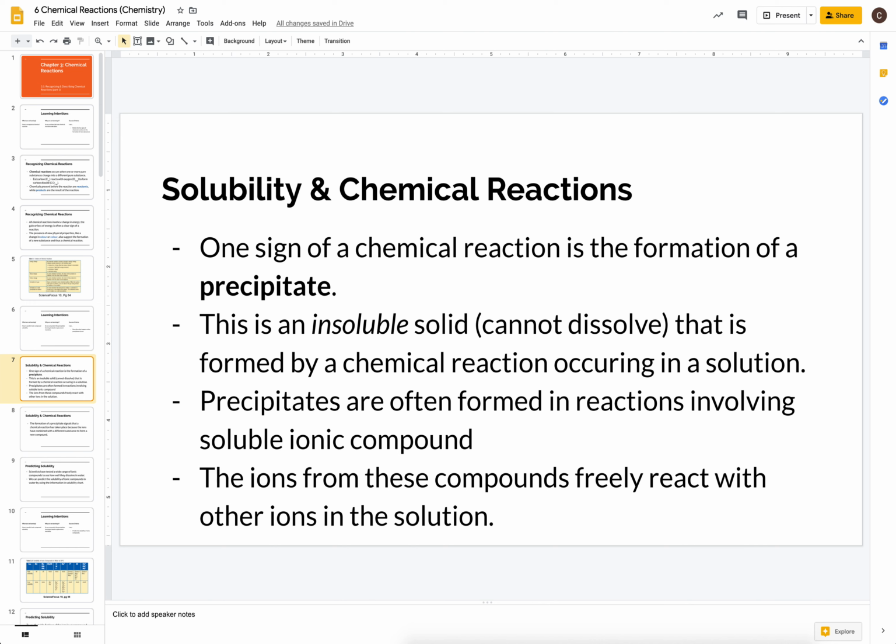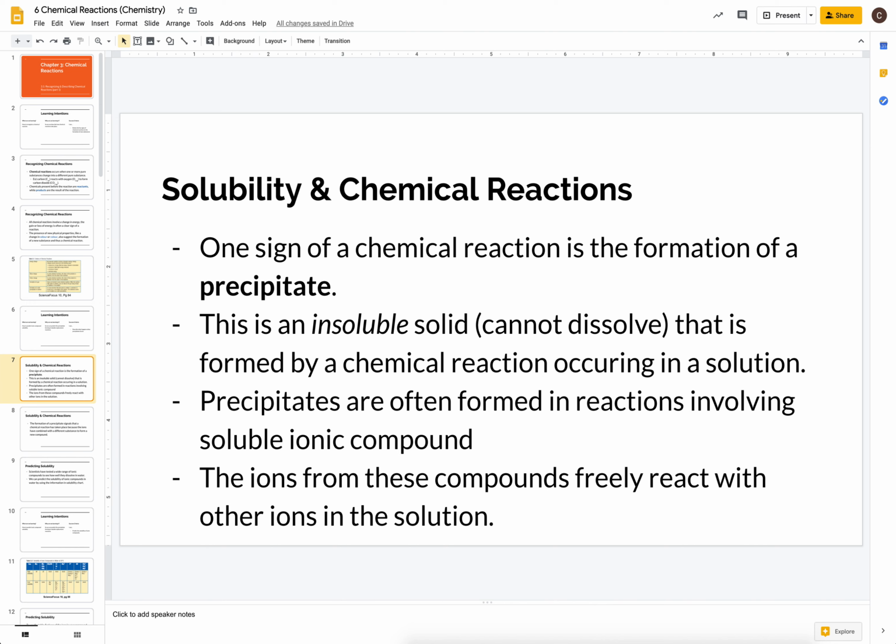So precipitates often are going to occur in chemical reactions that involve soluble ionic compounds, things like sodium chloride or ammonium nitrate. These compounds are able to dissolve in water. Water's polarity is able to break them down.